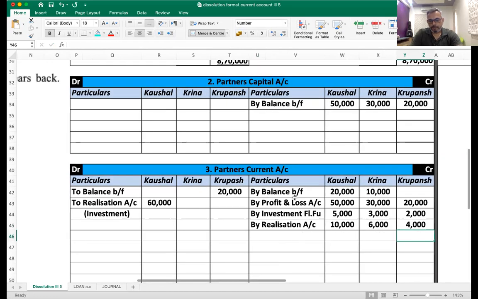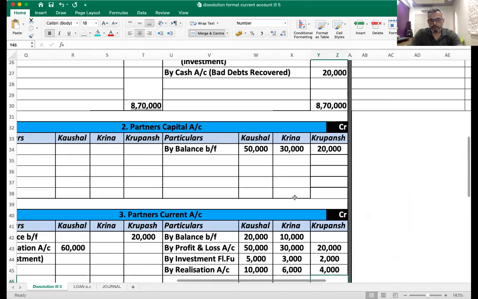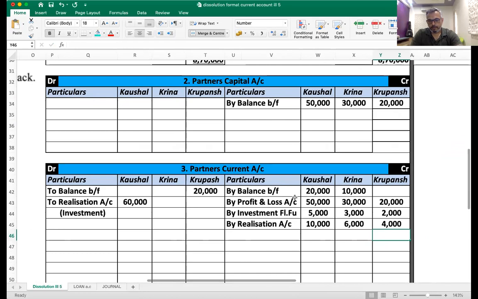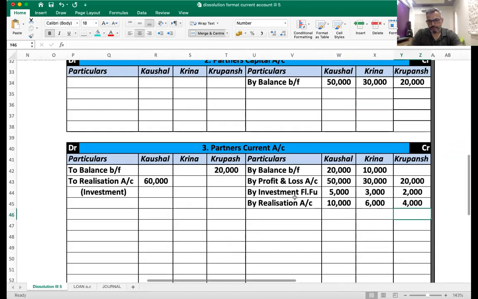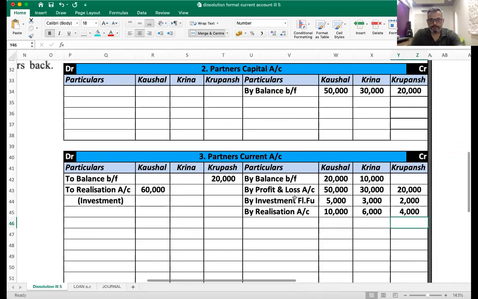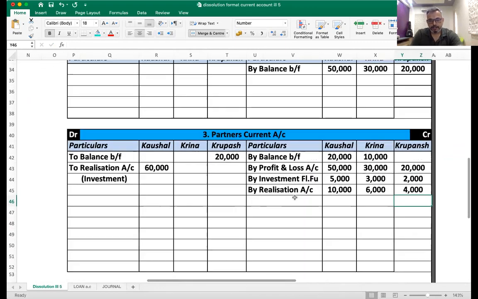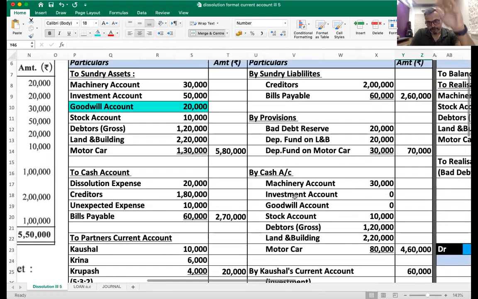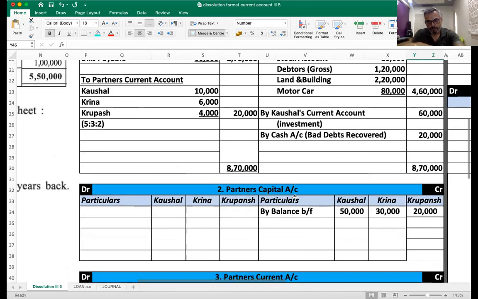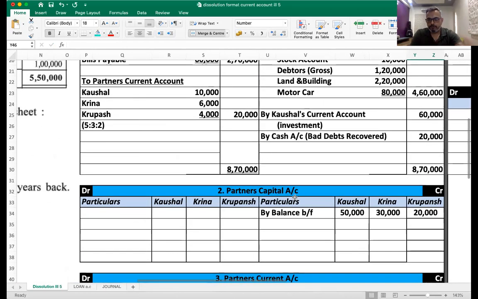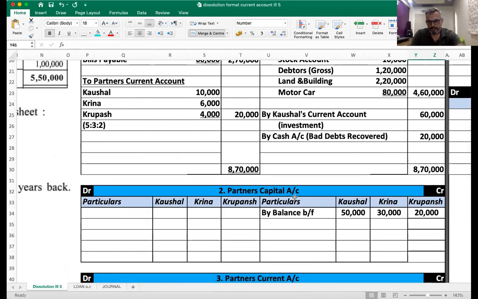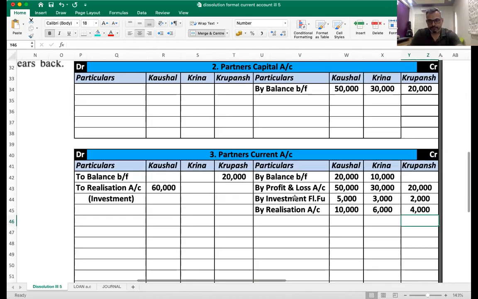Now over here we can balance them, and current account balances we have to transfer to capital account. So we are going as per the flow of the format. If you have made loan account before this, you can finish off the loan account as well. I'm going as per this flow.